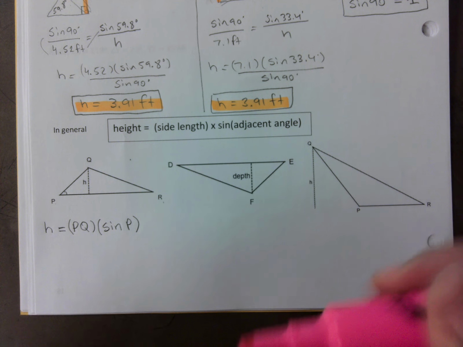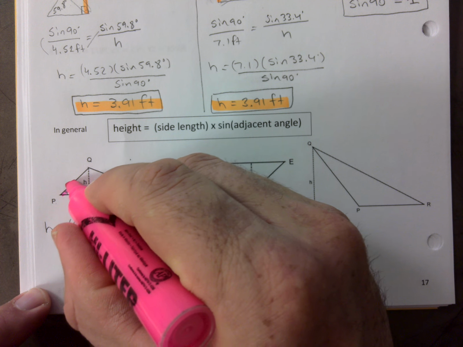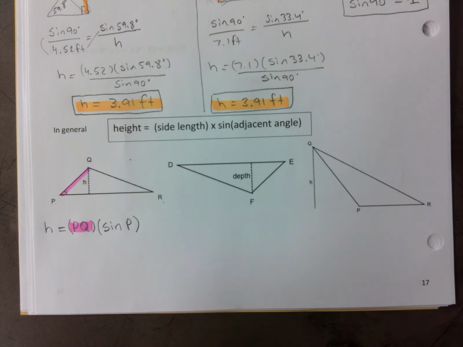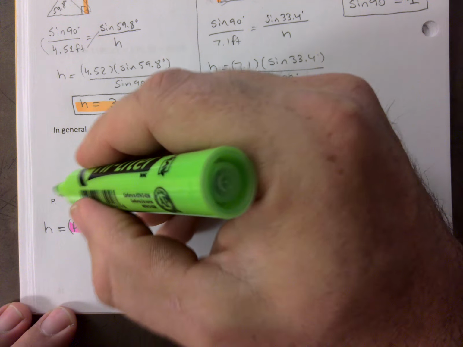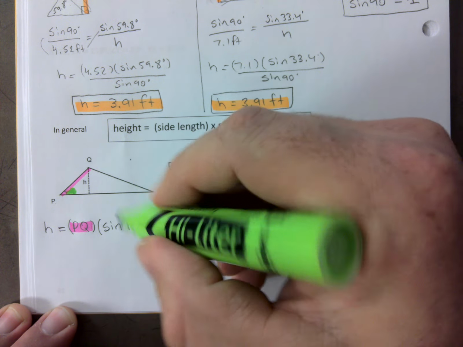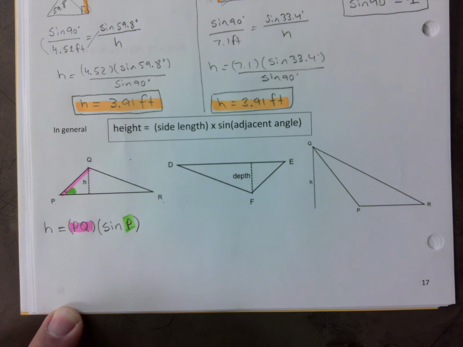So I'm going to highlight this using pink. I take that side, and then I multiply it by the angle that's touching it. Should I specify even more? It's the angle that is formed with the base, right, in this case.